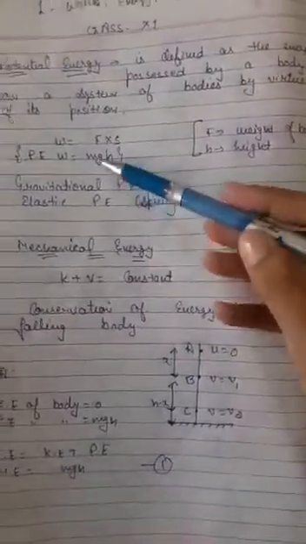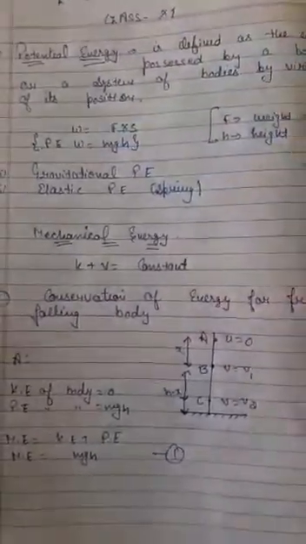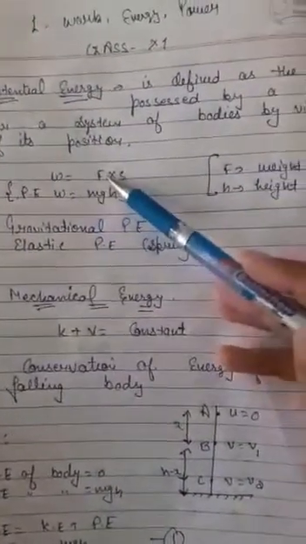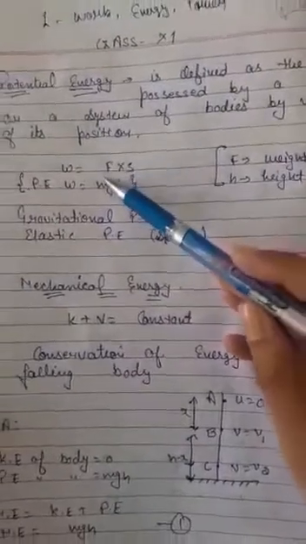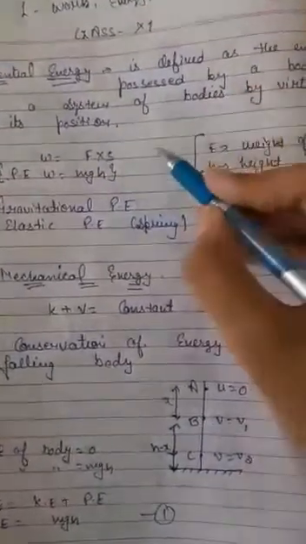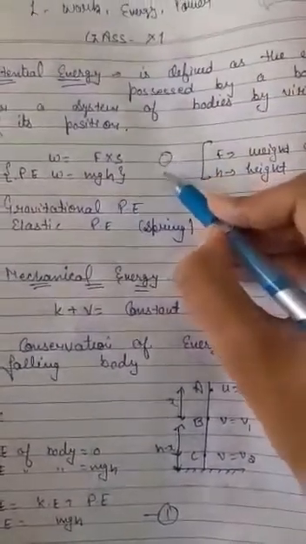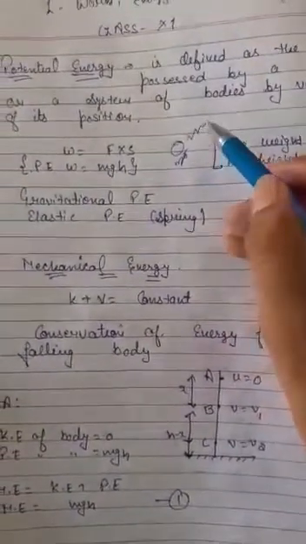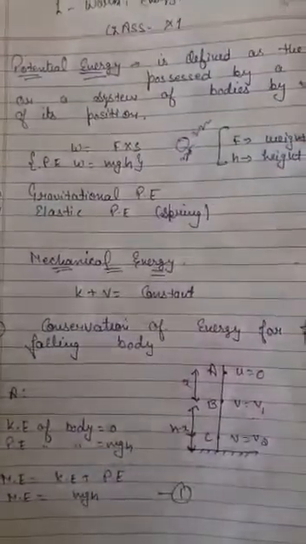We know work done and energy are both equal terms only. So we know work done is equal to force into displacement. Suppose I am having a ball, and the ball will have a certain mass also. Due to gravity it will go downside.